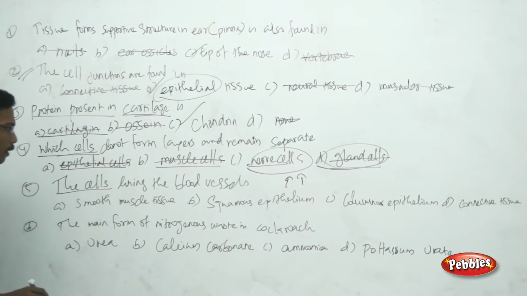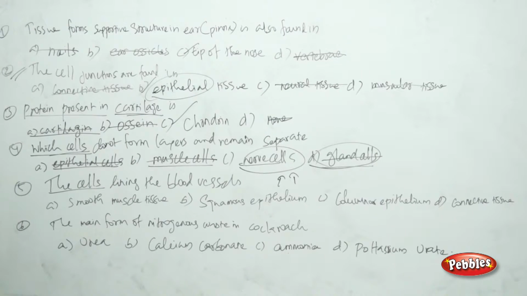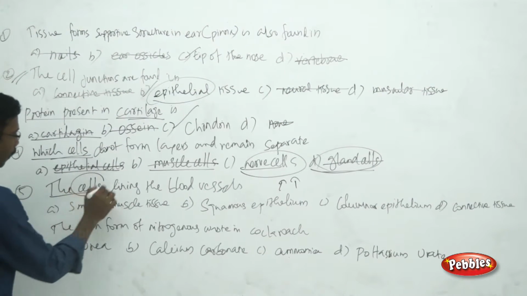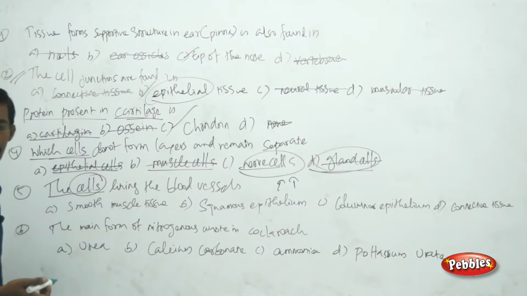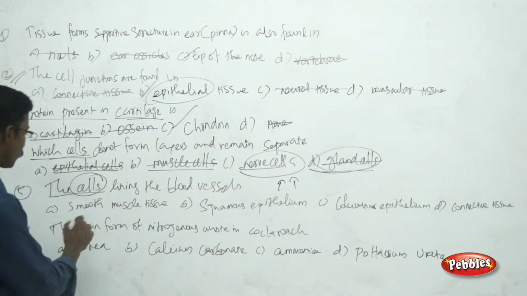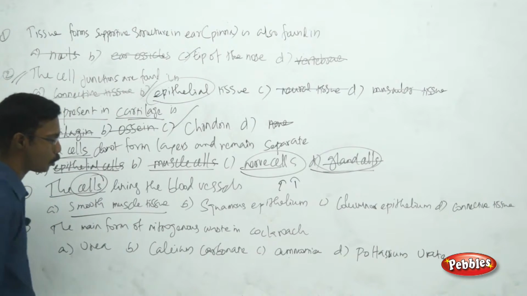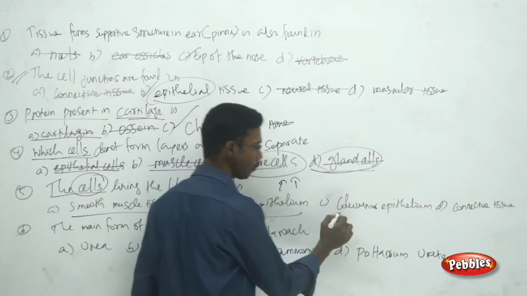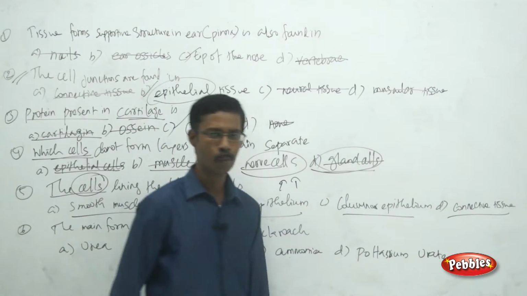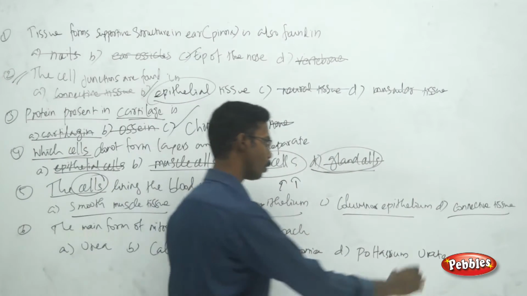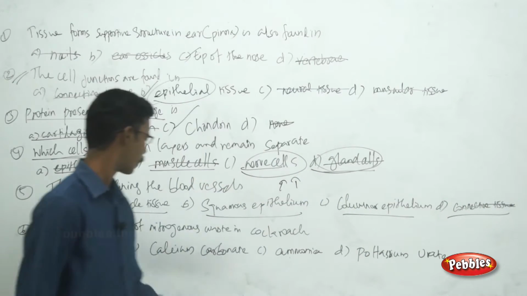And see the next question, the cell lining the blood vessels. Okay, so what are the cells? They are going to line or cover the particular blood vessels. See the answer choices: smooth muscle tissue, squamous epithelium, columnar epithelium and connective tissue. You can easily eliminate the connective tissue because it is not going to be here.